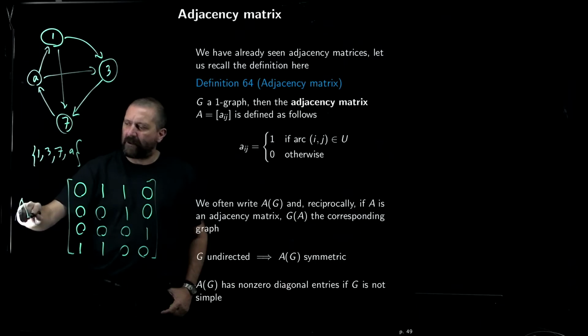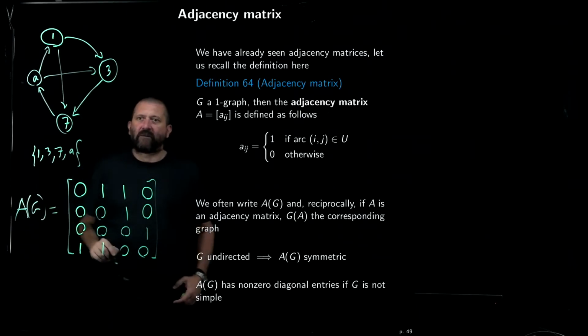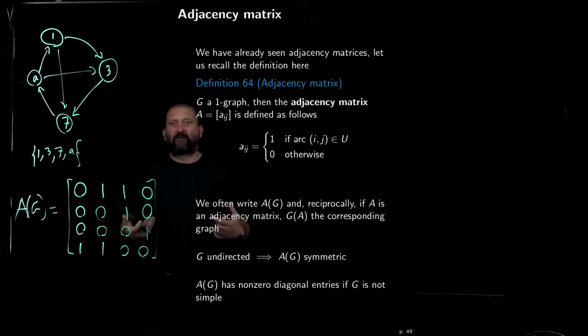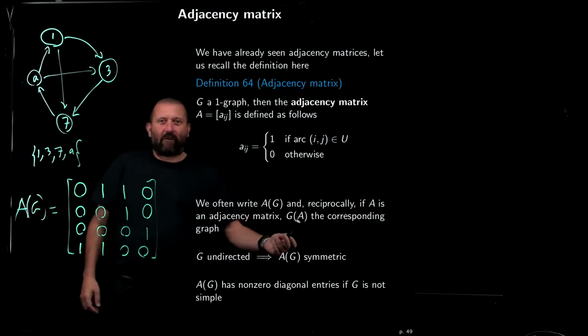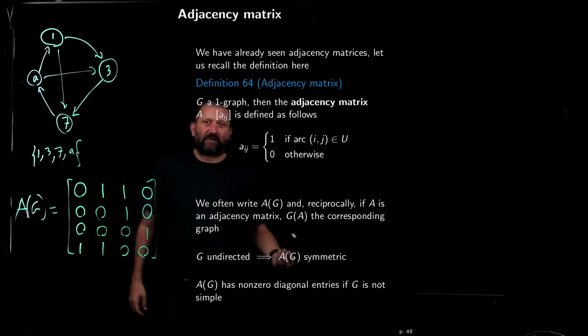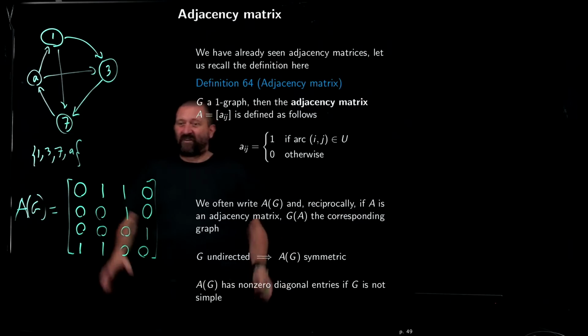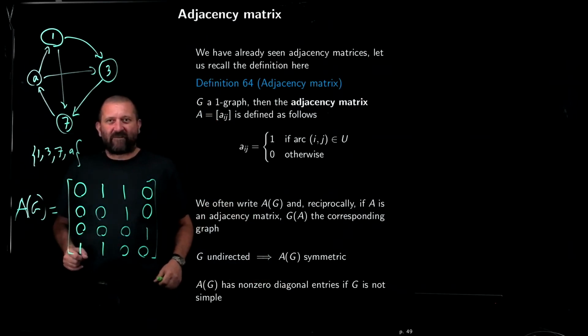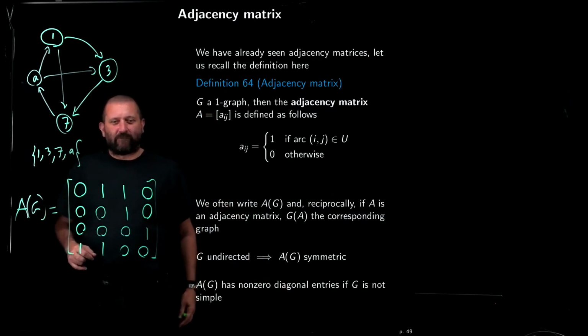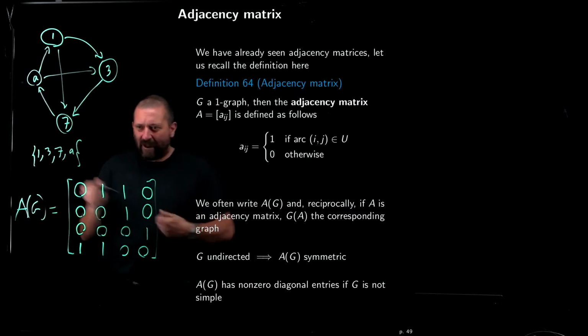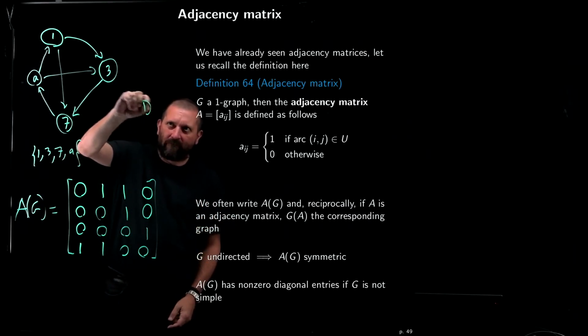And just to highlight, as I write below, we often write A of G, to really emphasize that it's the adjacency matrix of that graph. And likewise, often you'll see me using the reverse one, which is G of A, because I could give you that matrix and say, well, plot the graph that you get from this matrix, and you would say, okay, I have 4 vertices.